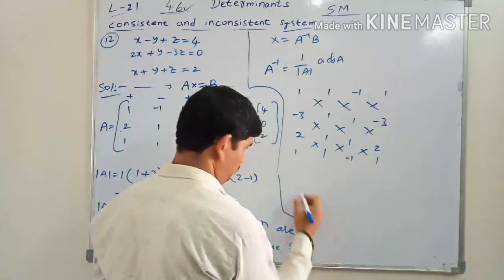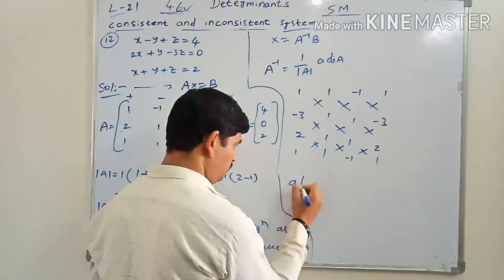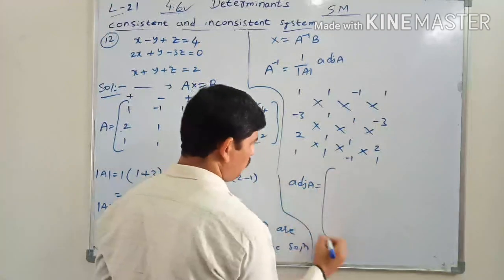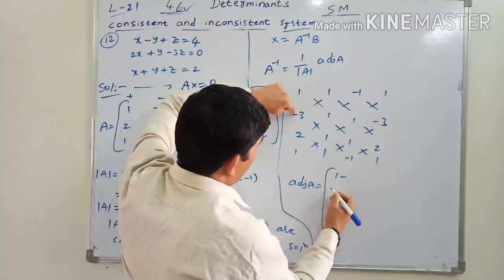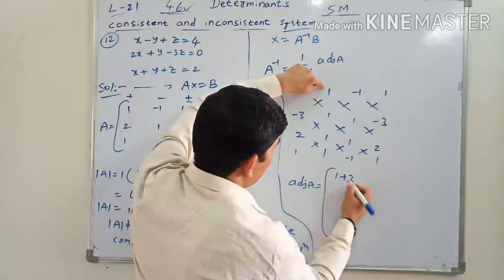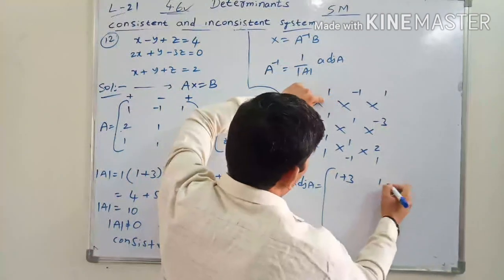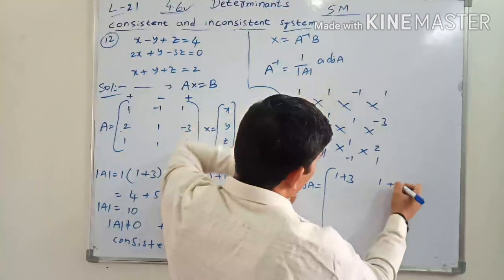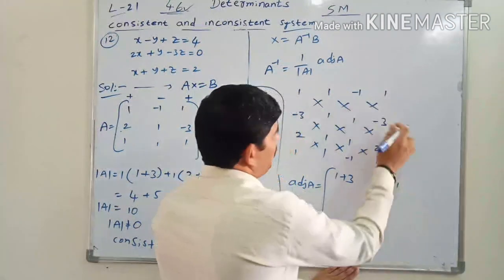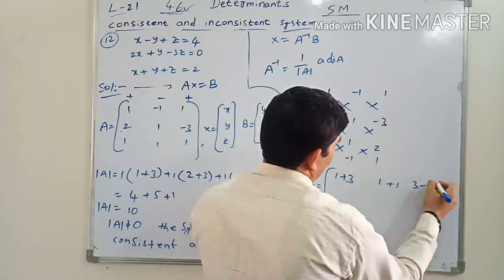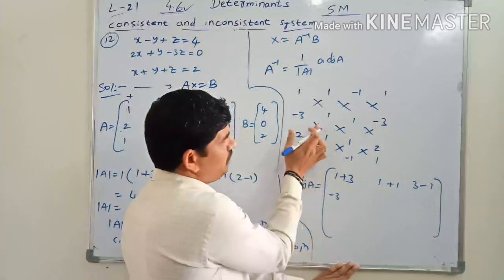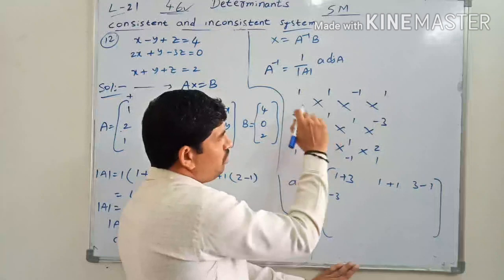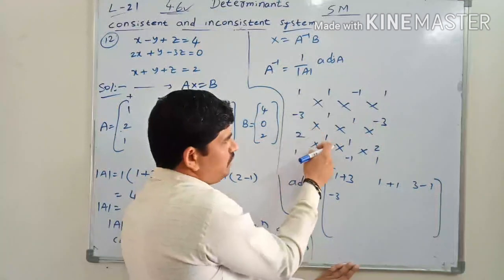Now the adjoint A is equal to, see, 1 into 1 is 1, minus 3 into 1 is minus 3, means plus 3, so 1 plus 3. Again 1 into 1 is 1, minus, again we have the minus, in between write the plus, so 3 minus 1. Again minus 3, it is a very simple one, whatever the cross symbol is, we multiply those elements, minus 3 into 1.